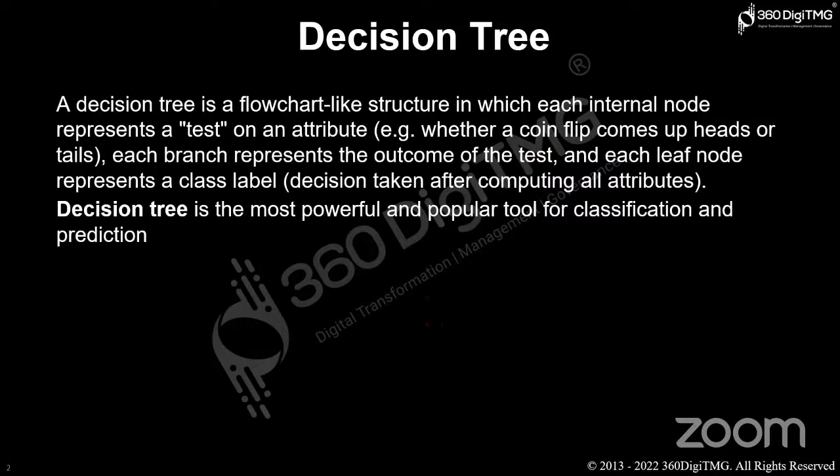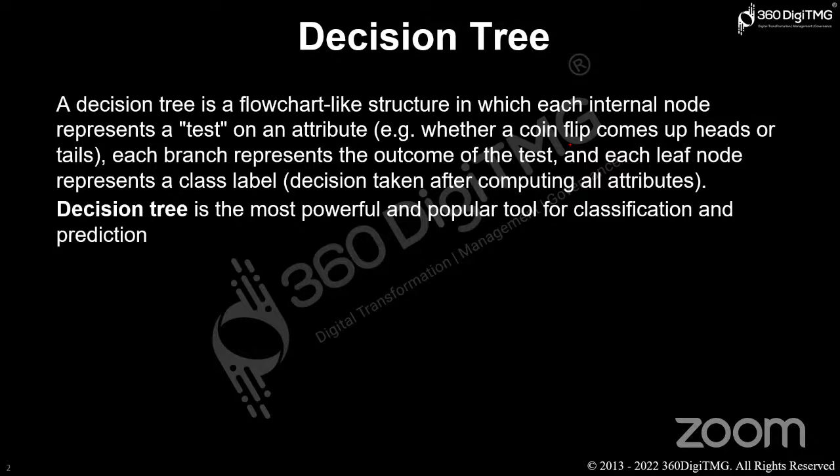Each leaf node represents a class label, that is, the decision taken after computing all the attributes. It is also said that the decision tree is one of the most powerful and popular tools for classification and prediction.